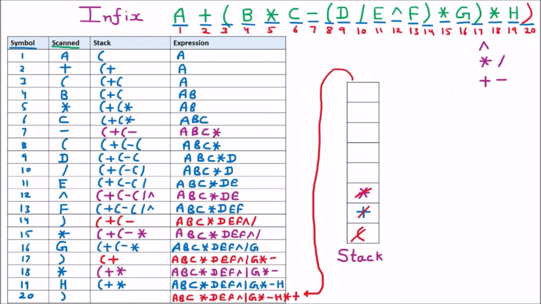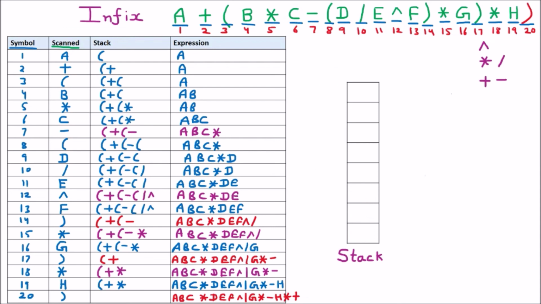Now there is nothing on the stack. The stack is empty here. So in the last step, the stack becomes empty. Whenever the stack becomes empty, our expression is solved. Now it is converted to the postfix expression.